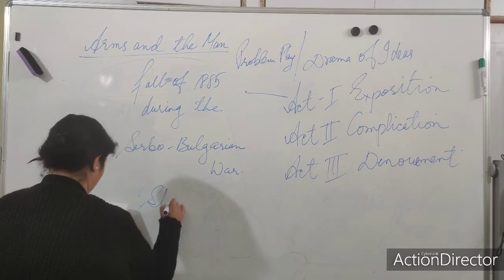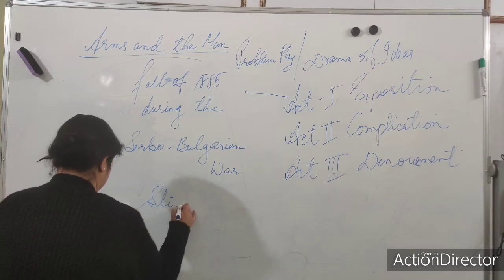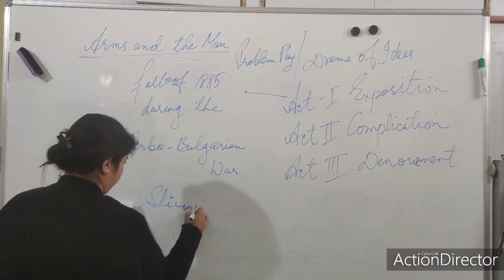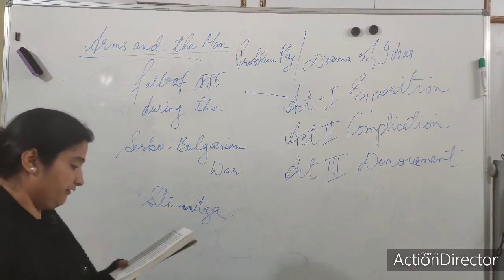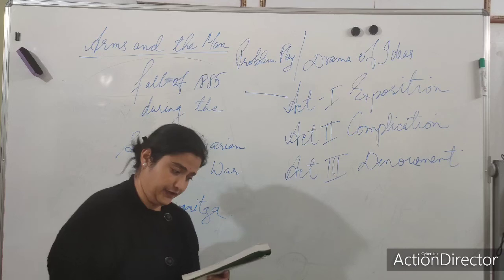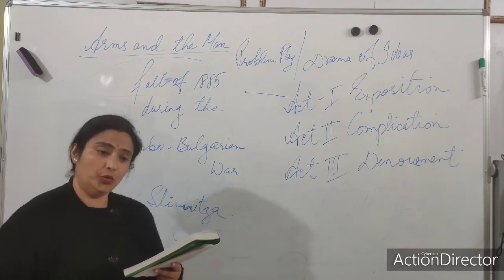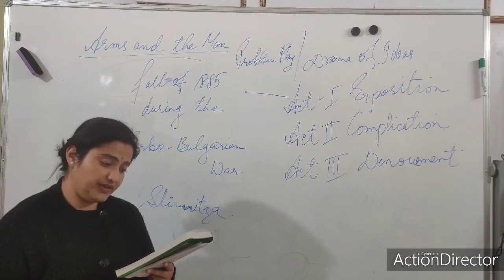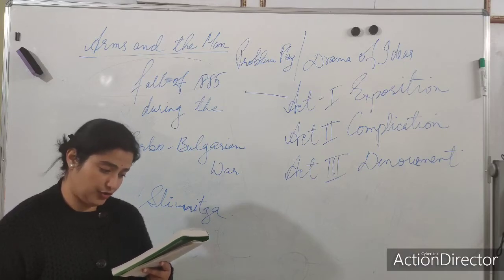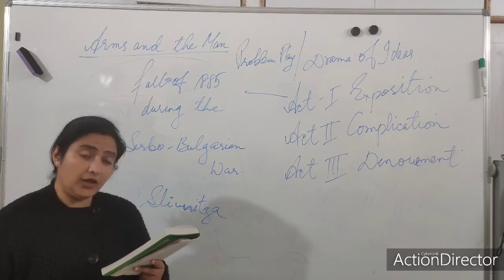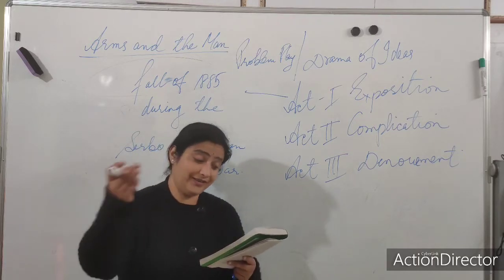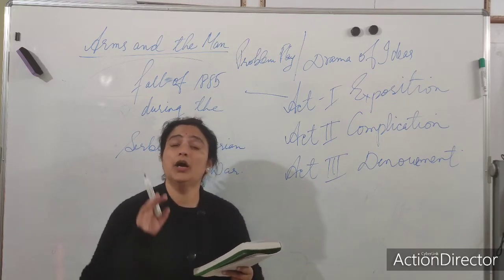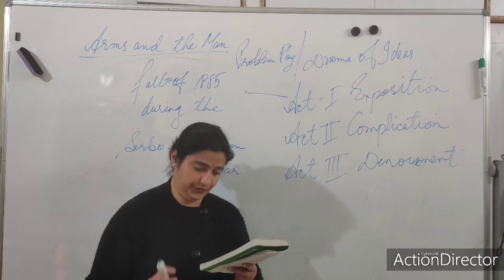Of course, you'll have it in your books: Slivnica, between November 17 and 19. Later, owing to Austrian pressure, peace was signed on 3rd March. During this war, the Austrian officers led the Serbs while the Russians commanded the Bulgarian troops, right?